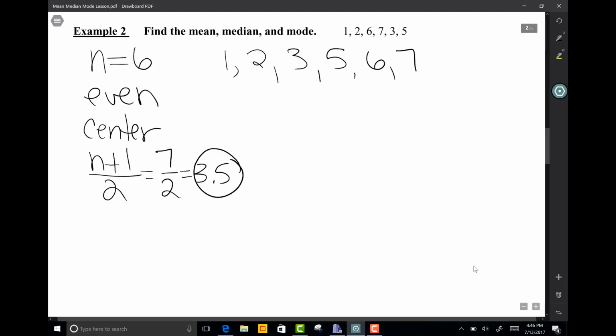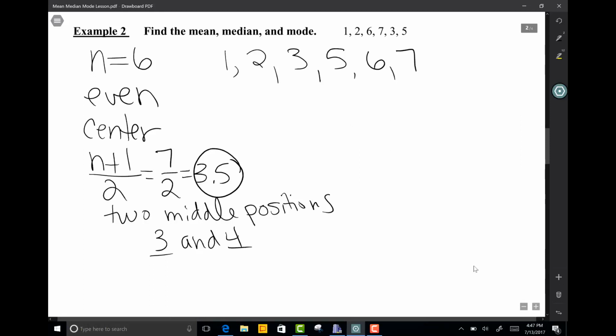And since this tells me the middle position is 3.5, I know my 2 middle positions are 3 and 4. The third and fourth position, because 3.5 is between 3 and 4. So if I count 1, 2, 3, here's the third position, 4, here's the fourth position. So these are the 2 middle positions.